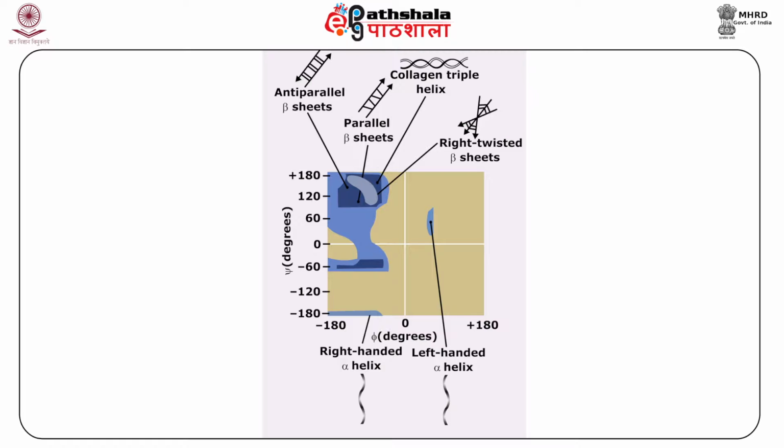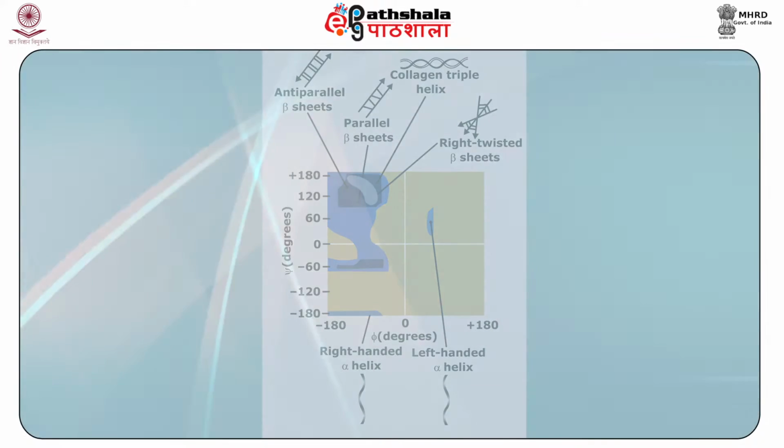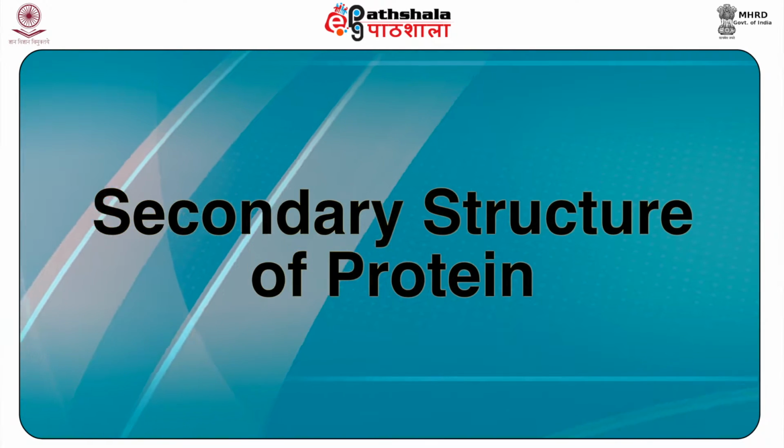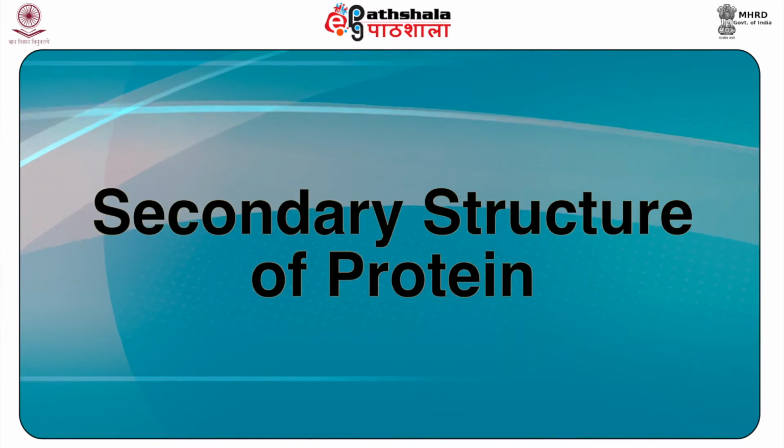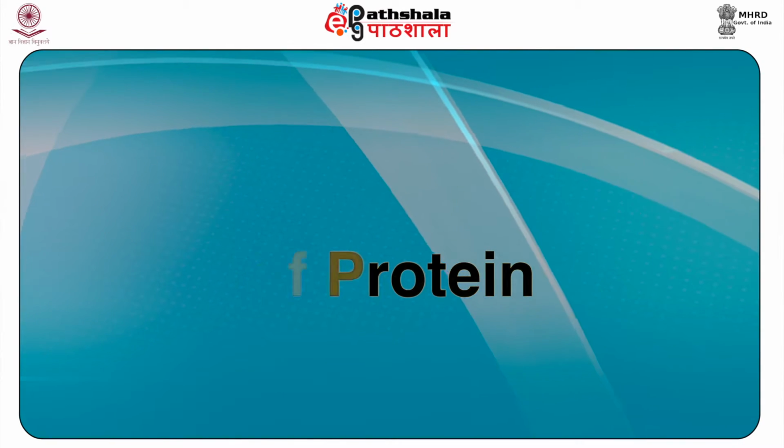So this region basically tells us the permitted rotations for the phi angle and the psi angle. So this is all about the Ramachandran plot, which gave us the information of the permissible phi and psi angles for a variety of structures, whether it is alpha helix, right-handed, left-handed, or beta sheets, or even for the collagen triple helix.